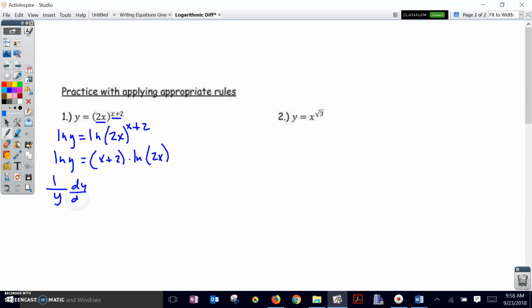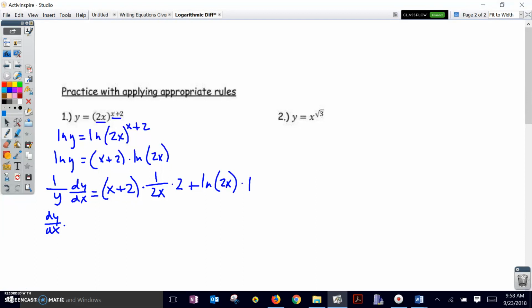We get 1 over y dy dx equals quantity x plus 2 times the derivative of the natural log of 2x, which is 1 over 2x times the derivative of 2x, plus the natural log of 2x times the derivative of x plus 2, which is just 1. And then we'll clean this up and multiply both sides by y.